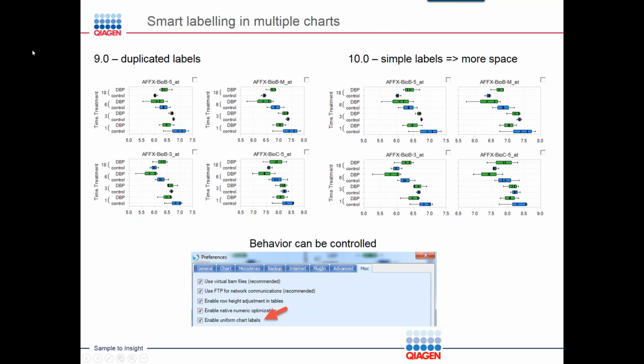It seems very duplicated for those multi-level labels. But now you can see in 10.0, it automatically recognizes this is a duplication of labels, and will handle this. And the whole process can be controlled. So you can disable this feature and revert back to 9.0, which is probably not recommended.